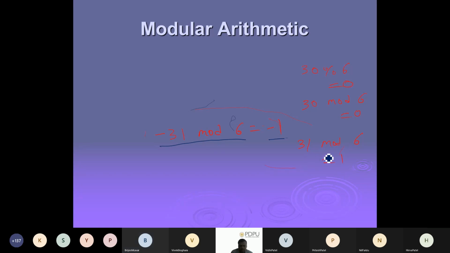One answer is minus 1, because 31 mod 6 is 1, so if I convert 31 into negative, then I will get minus 1. So one answer is minus 1. Any other answer? We are applying a modulo operator. With positive numbers we know, but I'm interested in negative numbers.